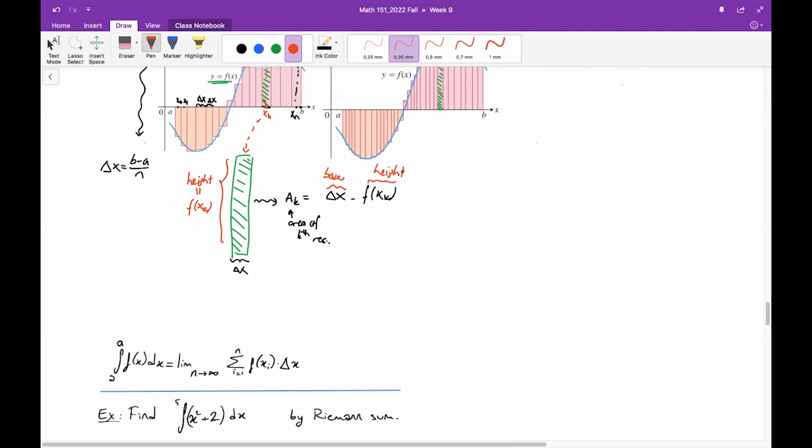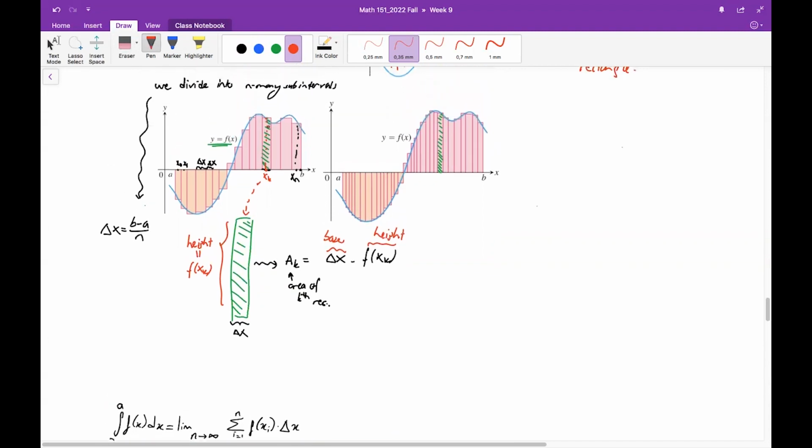Okay, then since we understand the kth rectangle now, I can try to sum all the areas of those rectangles from k equals 1 to n, right? Okay. So then I want to write the sum of the areas of all n many rectangles.